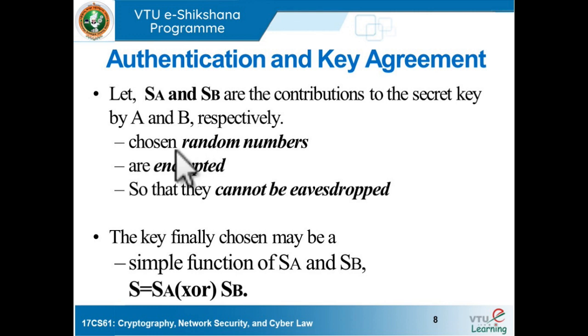They are session keys that are selected. These are random numbers. They are encrypted so that they cannot be eavesdropped. Out of these values, a session key can be deduced at both the sender and the receiver. A simple way of deducing a session key is XORing the contents of SA and SB, session key A and session key B, and getting the new session key.